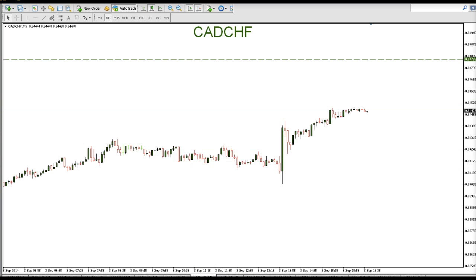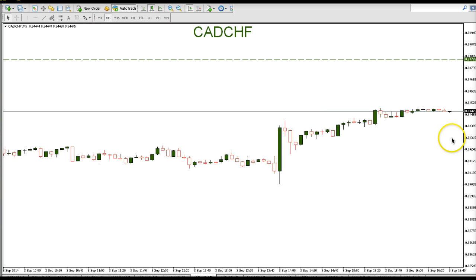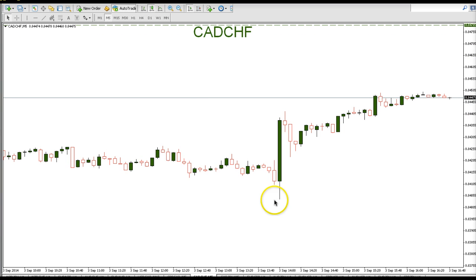Let's look at another pair. Canadian Swiss. And again, there is the initial reaction. Take your Fibonacci tool and draw it from the swing low to the swing high of the 5-minute candle.